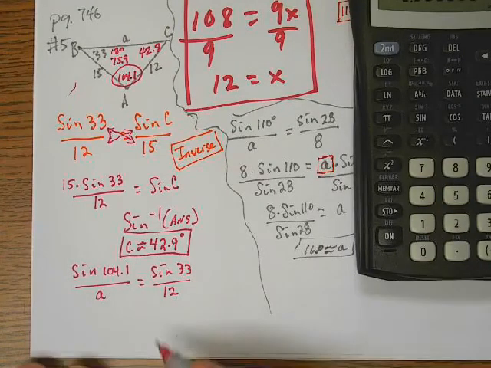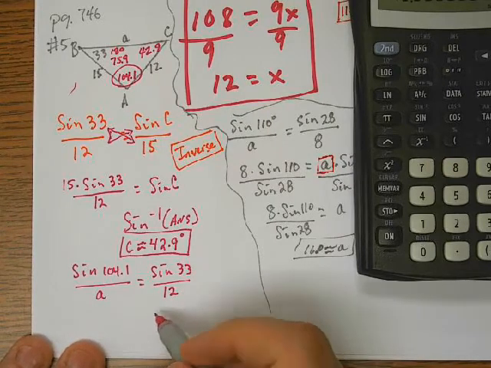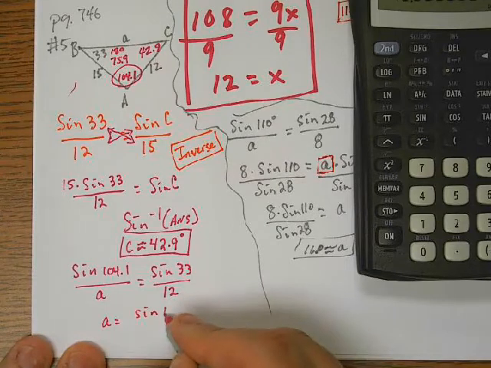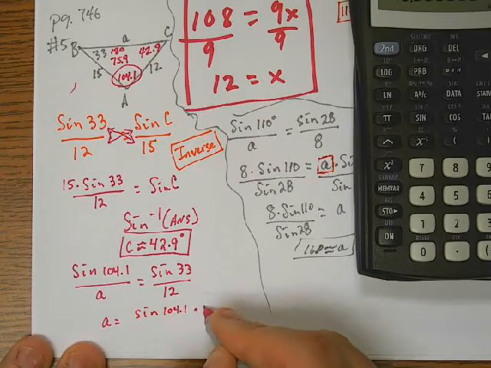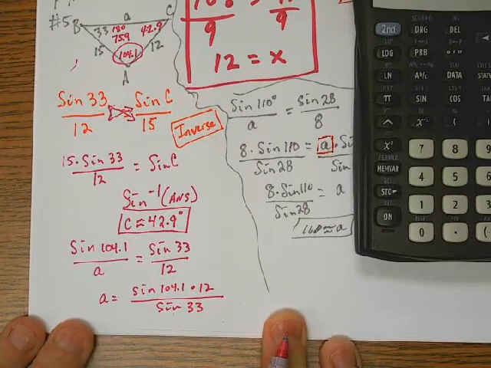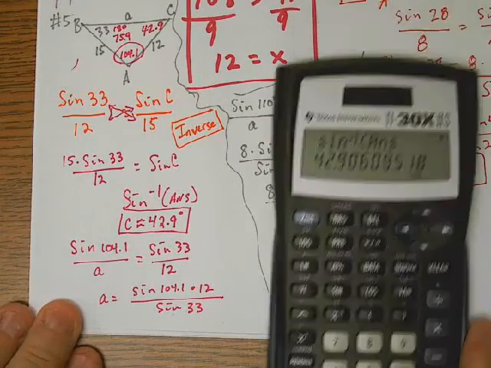All right, so let's cross multiply here and then divide. And so we end up with that A is equal to the sine of 104.1 times 12 all over the sine of 33. Cross multiply and divide. Okay, now let's use the calculator and simplify.